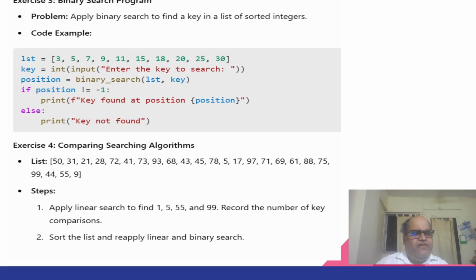Now comparing searching algorithms, what will happen? Say you have this list, 50, 31, and so on, and you have to search for 1. 1 is not present, so you have to do almost n comparisons. 5 is again not present, so a lot of comparisons. 55 is present, almost as the last one. 99 is also present almost as the last one.